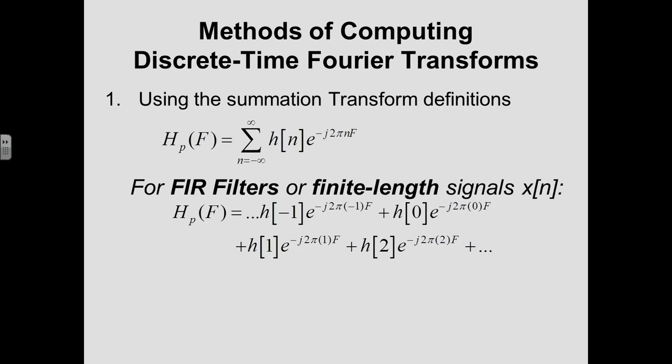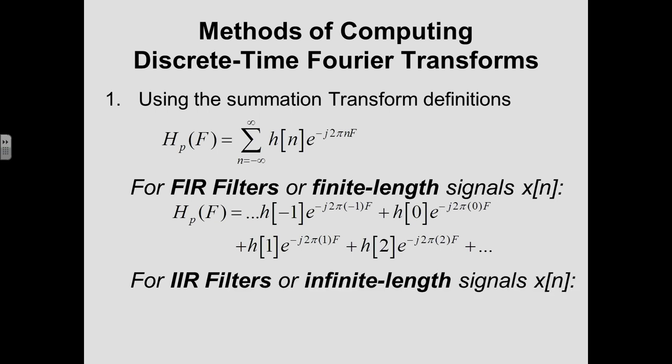Now, if I want to find the frequency response of this system using the defining summation, it's not an FIR filter anymore. For IIR filters, or for infinite length signals, so if x of n is infinitely long or h of n is infinitely long, I'm not going to want to write out the individual terms of the summation.